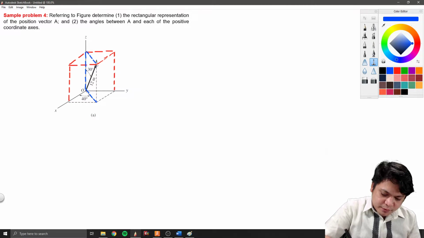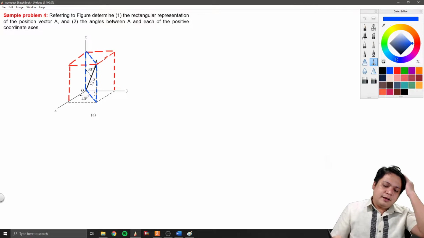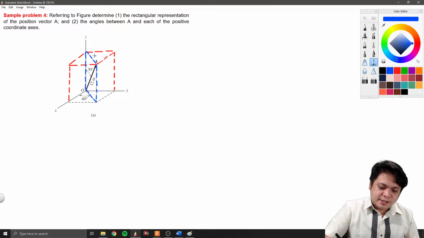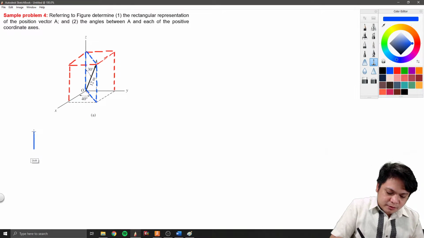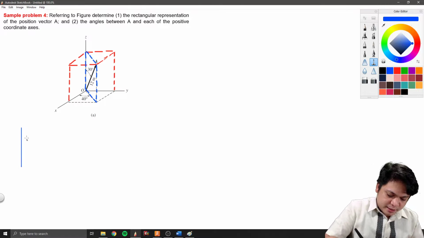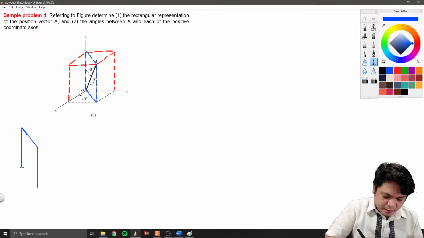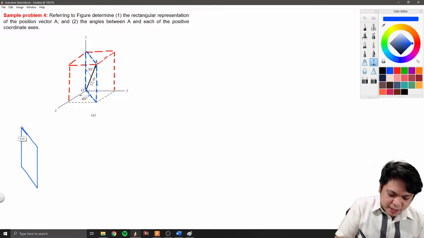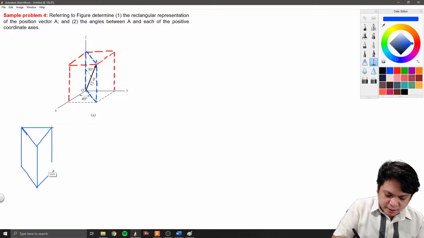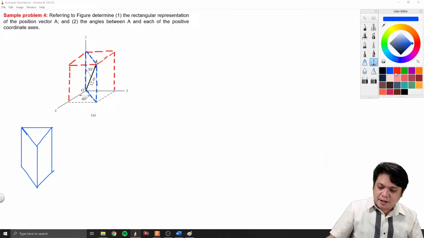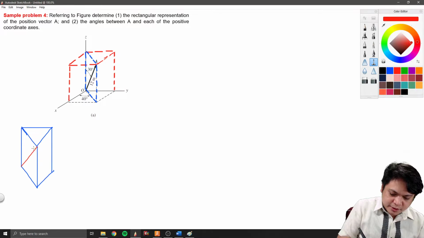Kumbaga, meron ako ditong parang isa pa. Siya yung kalahati nung pinaka-cube natin, section natin. Tapos, dun located yung ating force.